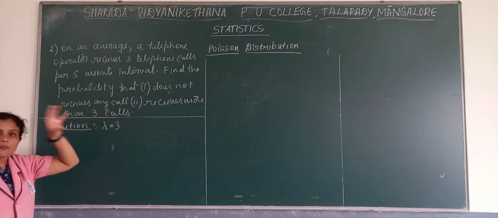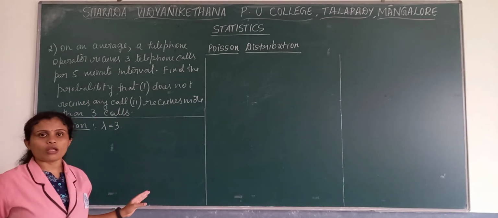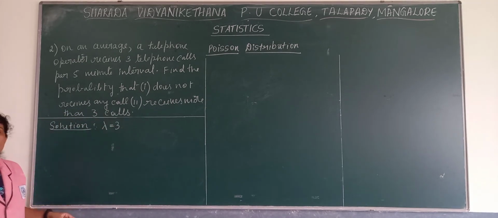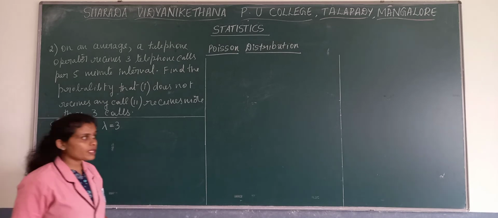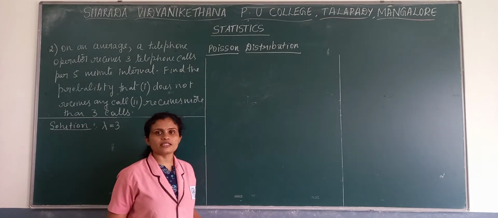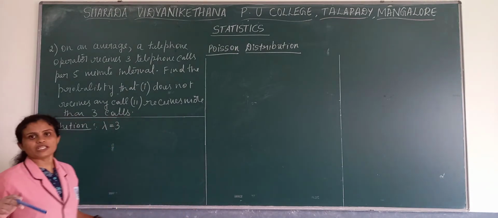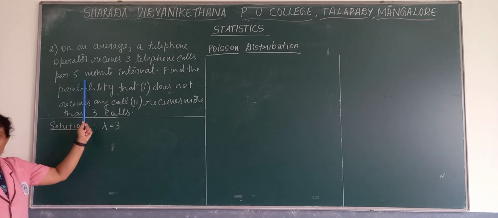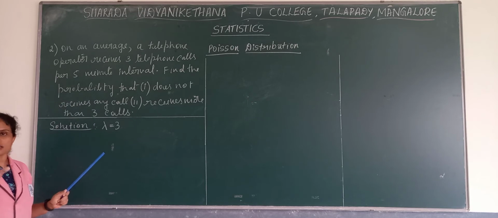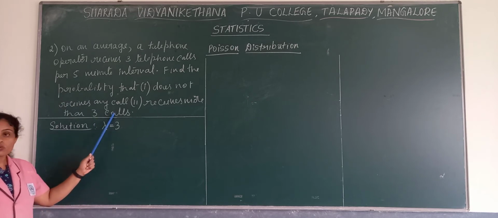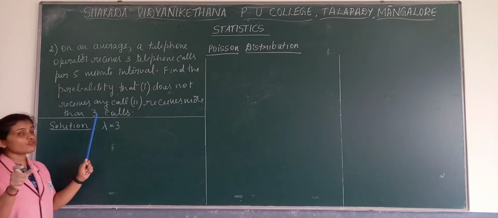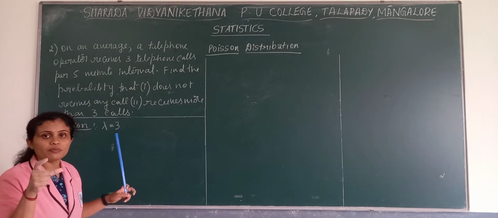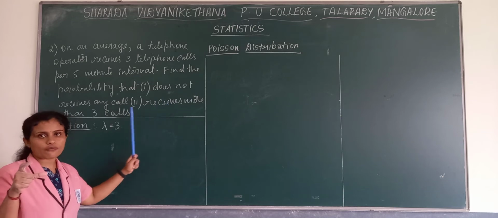In those 5 minutes he does not receive any call, means P of 0. He receives more than 3 calls. More than 3 calls means what may be the number? We don't know the limitations. We don't know the n value. 5 is not an n value. That is a minute. We need to find out the number of calls in those 5 minutes. Does not receive, P of 0.